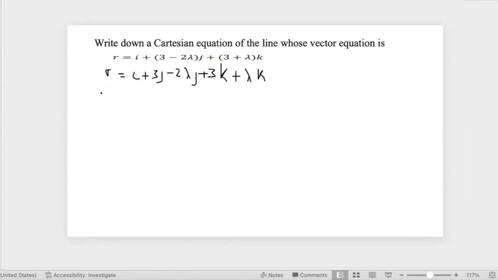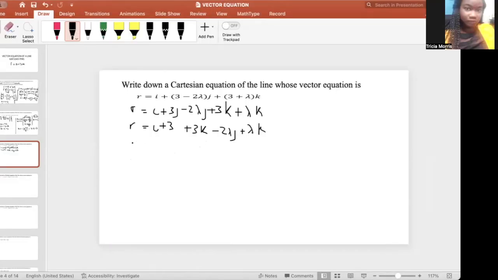And if you realize here, we have to group the i, j, and k together, while the ones with the lambda you group together. So we have the ones that don't have lambda together, that would represent the position vector.